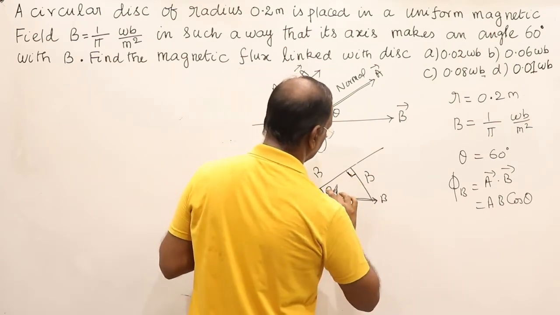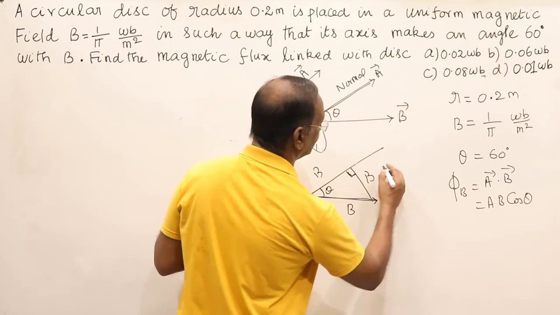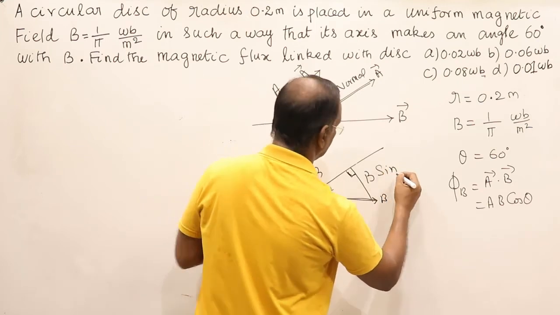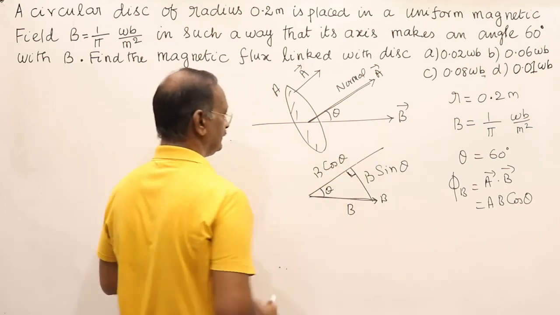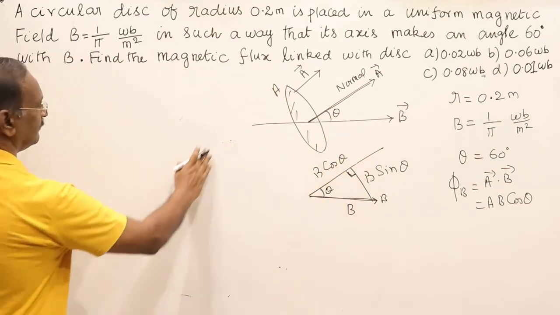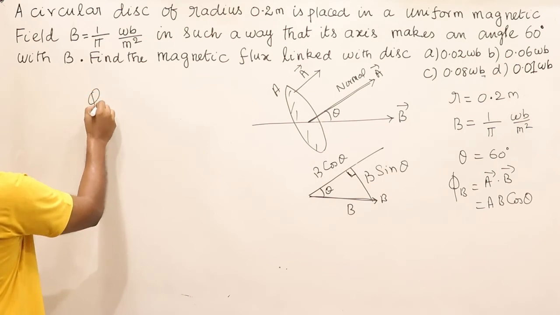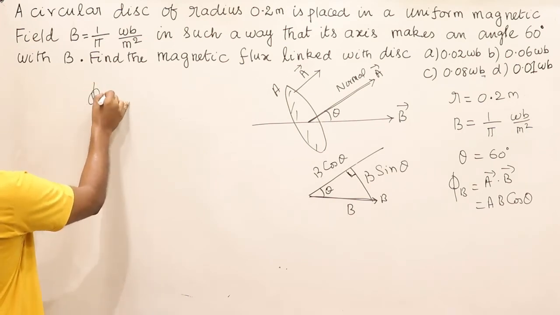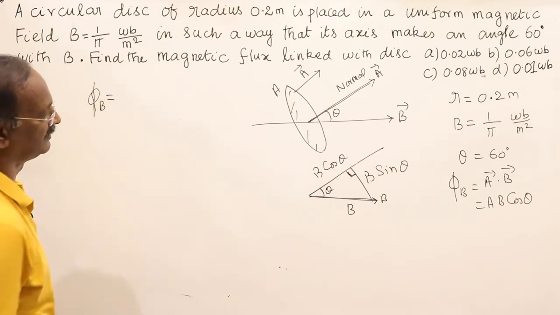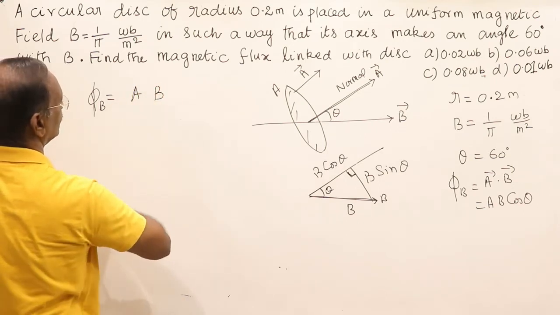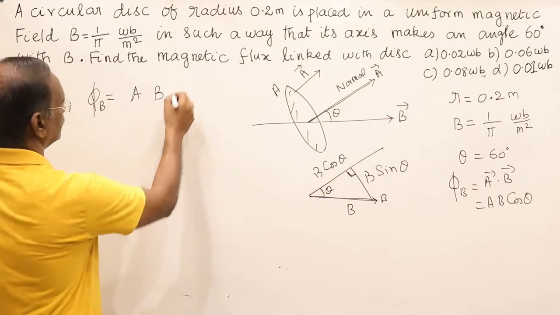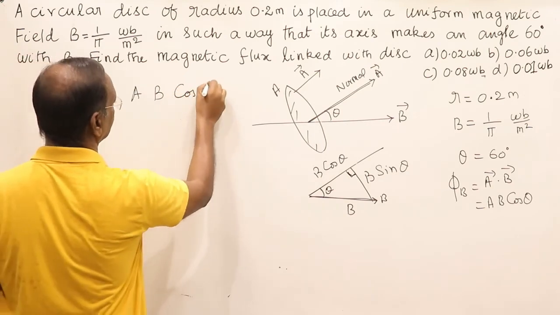The opposite side, far away from the angle, will be sine of this angle, and by the side it will be cos of this angle. So what is the magnetic flux? Magnetic flux is equal to modulus of area vector into modulus of magnetic field vector into cos of the angle between them.